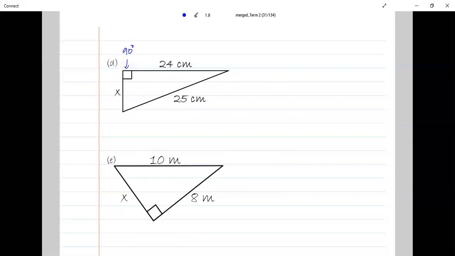Now, if I know two sides of a right angle triangle and I wish to find the length of the third side, I must use Pythagoras theorem. So Pythagoras theorem, the Pythagoras theorem formula, sometimes I normally like to write this.